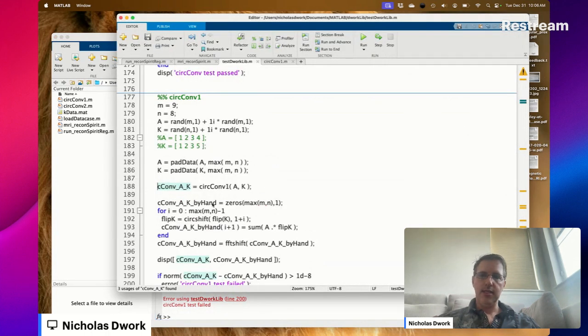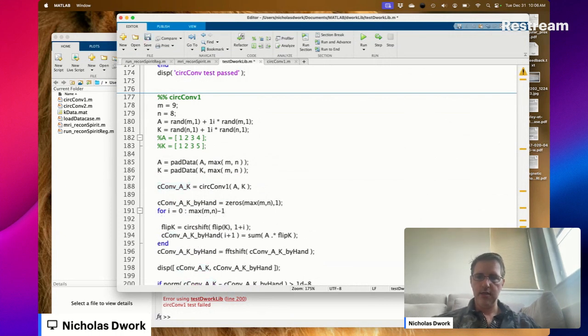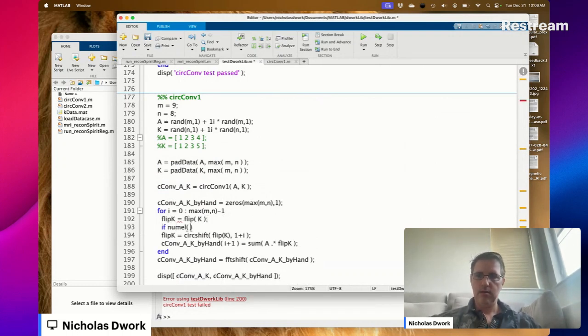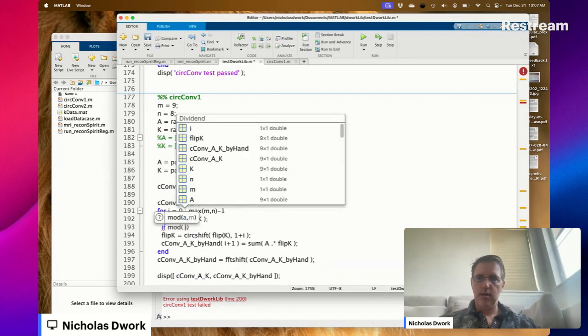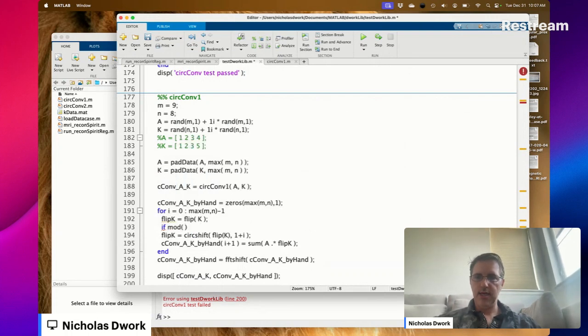And I think that's because we only do the circ shift, let's see, n is the size of k.